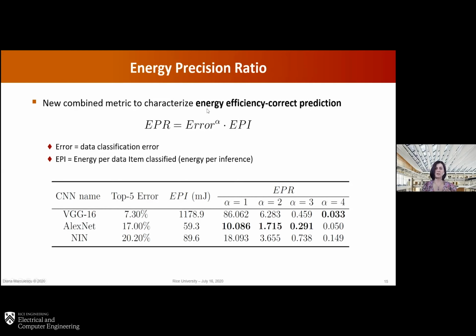So this gives you an idea of a more balanced approach, where instead of going with only one constraint or one objective over the other, you look at a combined objective. If you consider these three networks, the best in terms of accuracy, obviously, is VGG16, but it's the most energy costly.